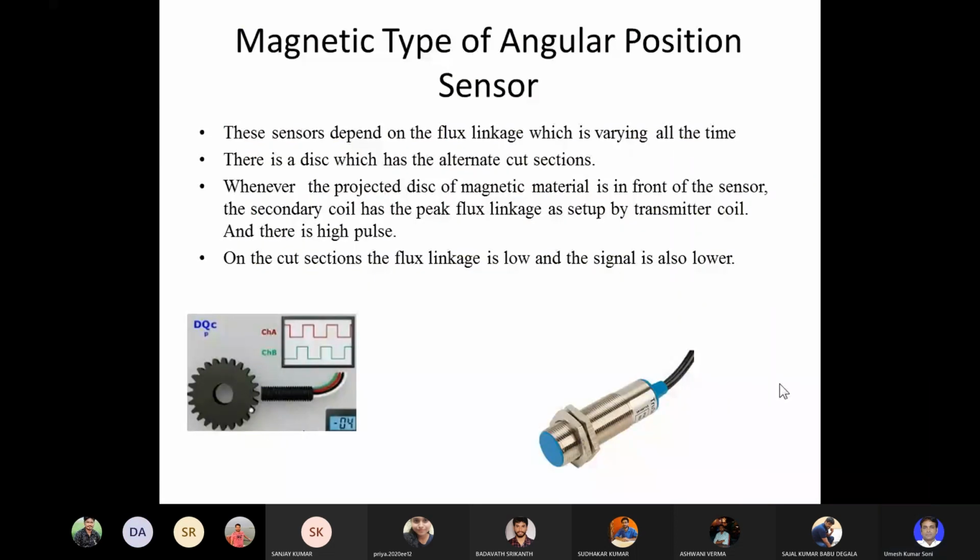Magnetic type angular position sensors have two types of coils, that is a transmitting coil and a receiving coil.